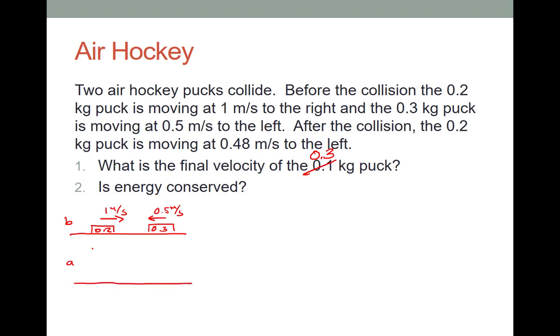Afterwards, I'm told that the 0.2 kilogram puck is moving left at 0.48 meters per second. I don't know what direction the final velocity of my 0.3 kilogram puck is, so I'm just going to leave it as a generic V final.